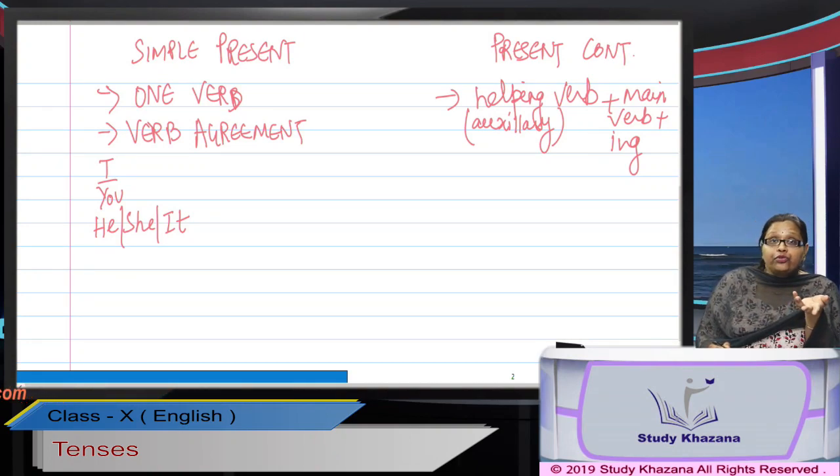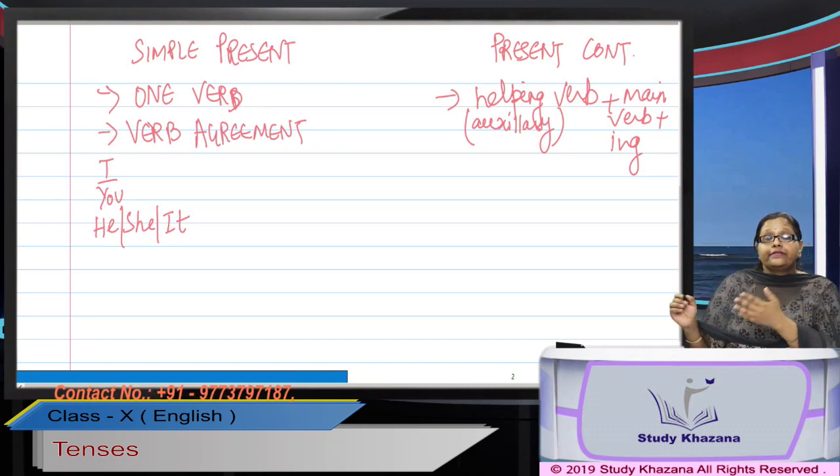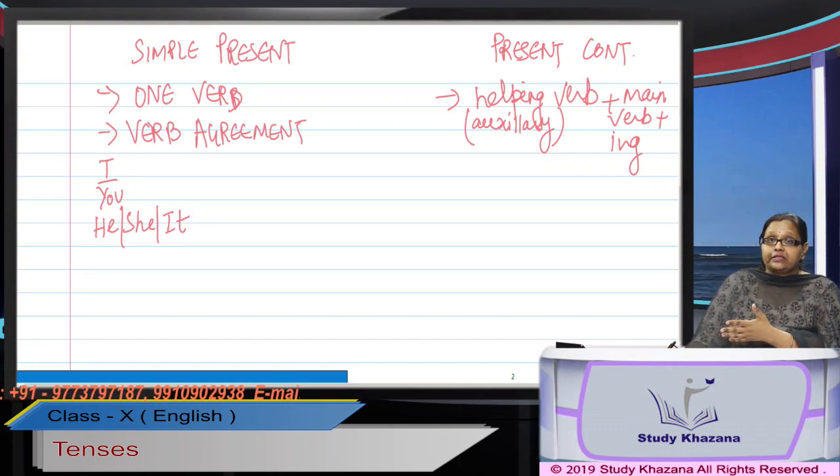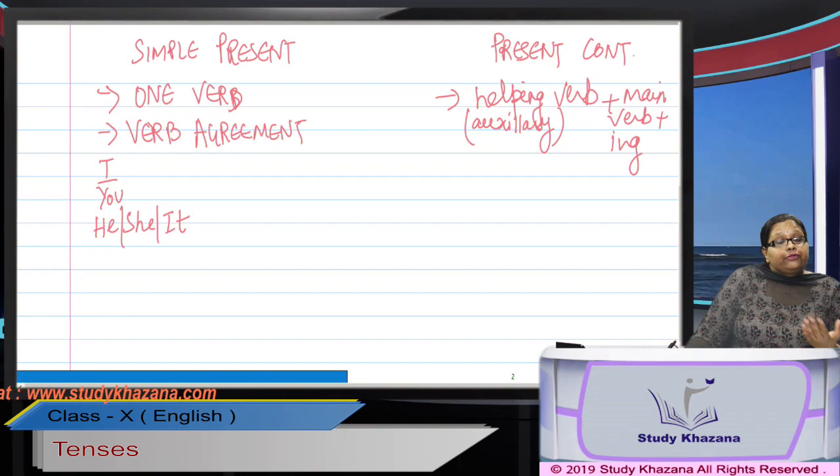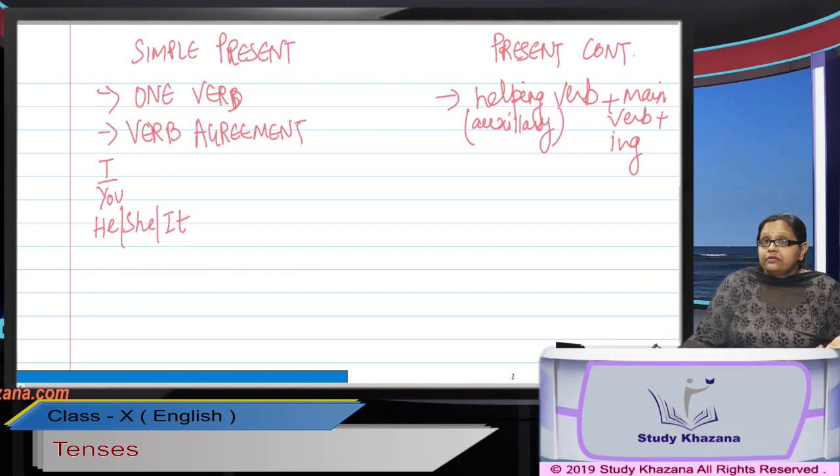If I am speaking to you, you are the second person, and besides us, everyone else who is there comes under the category of third person. Same thing, if you are talking to me, you are the first person. If you are talking to me, I am the second person, and except you and me, everyone else comes under the category of third person.